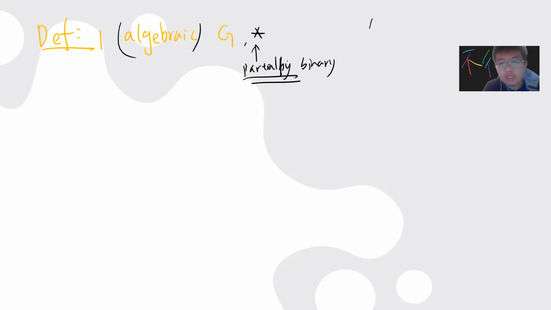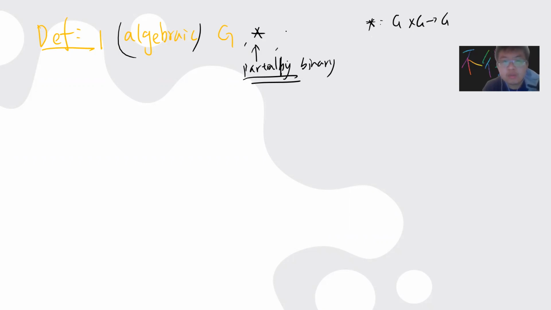Basically, you map G cross G to G, but partially. So given any elements A and B, this star product is not well defined; it is only defined in some special cases.